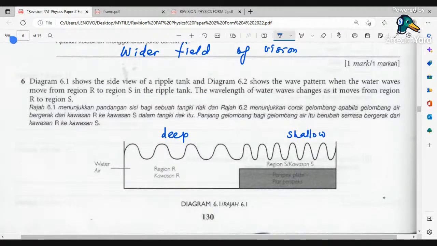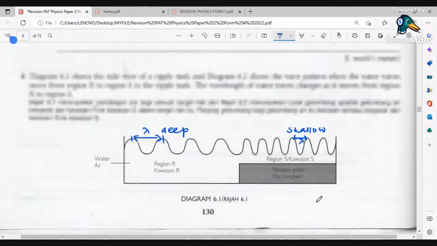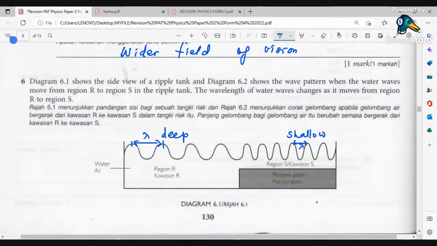So you can see dia ada satu perspect di sini. So this region will become shallower. Crest to crest, this is lambda. Same thing here. Crest, crest, lambda. So you can see lambda decreases, means the speed decreases. So the concept applied here is refraction of water wave. Sebab ada change in depth.